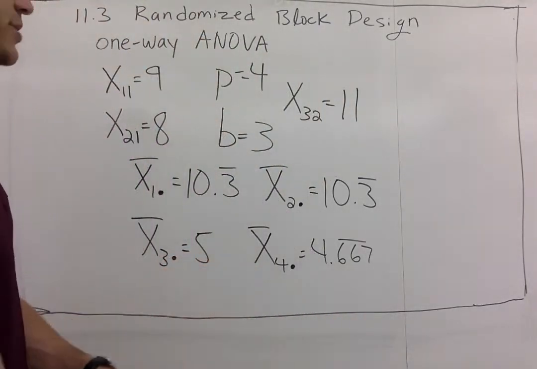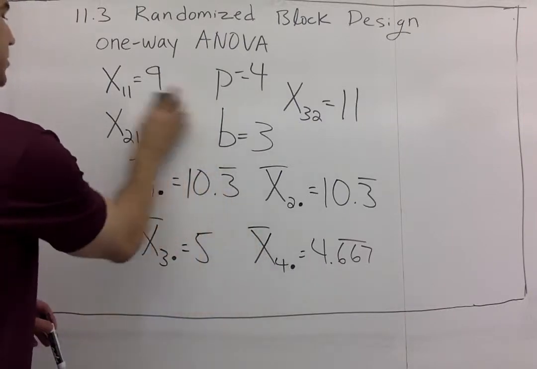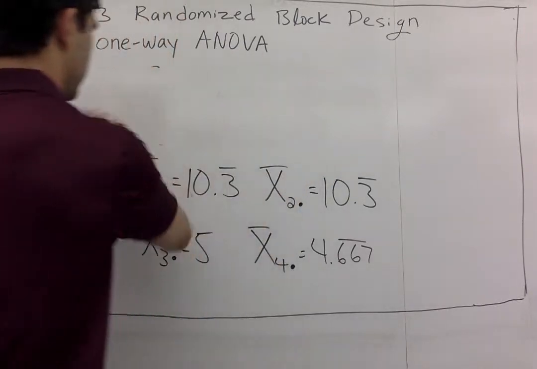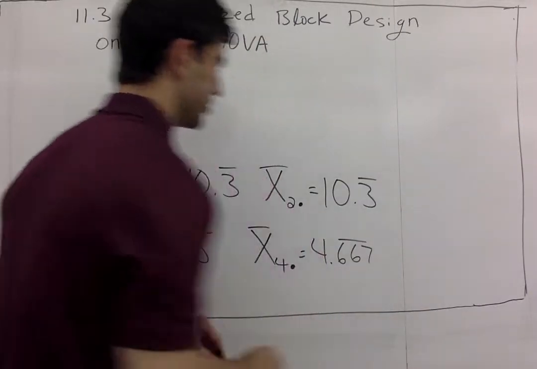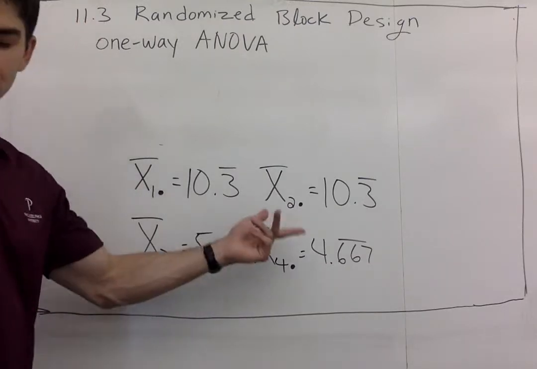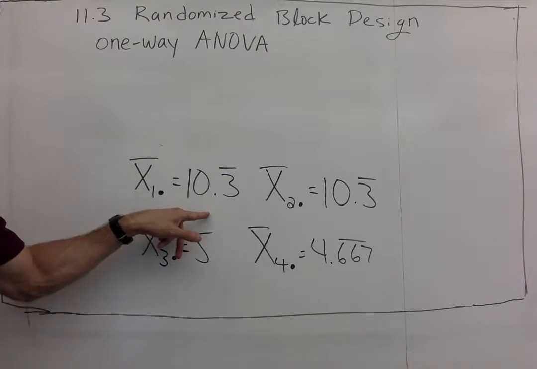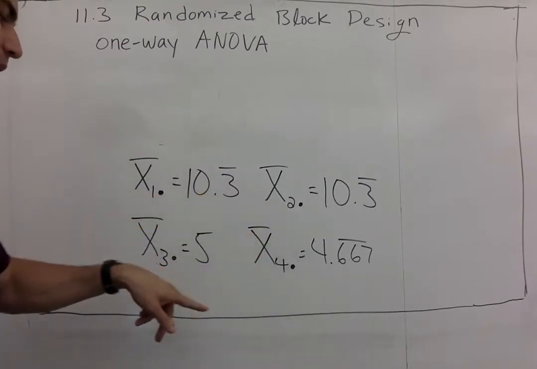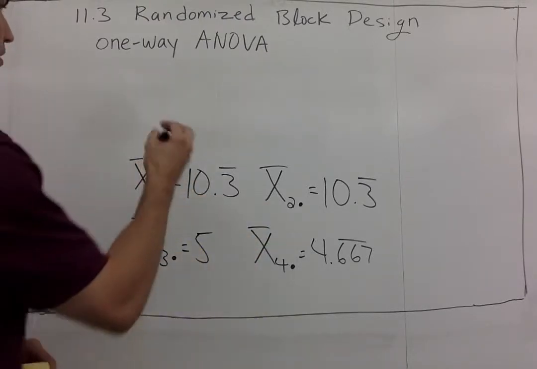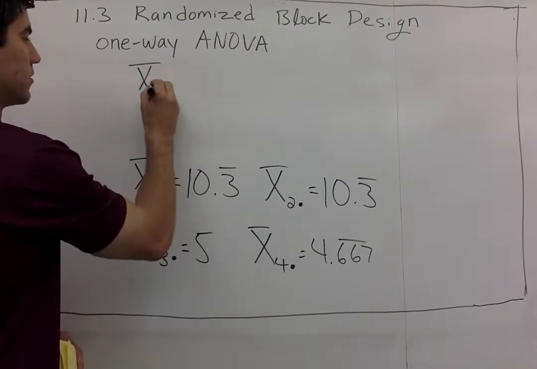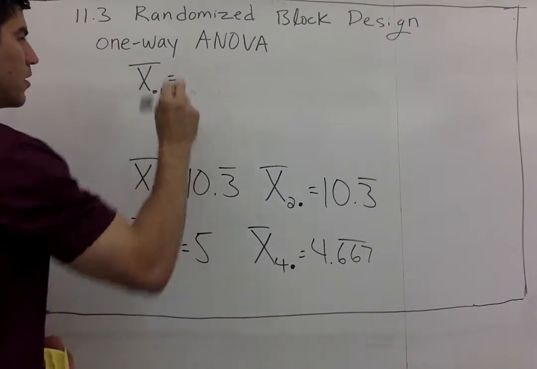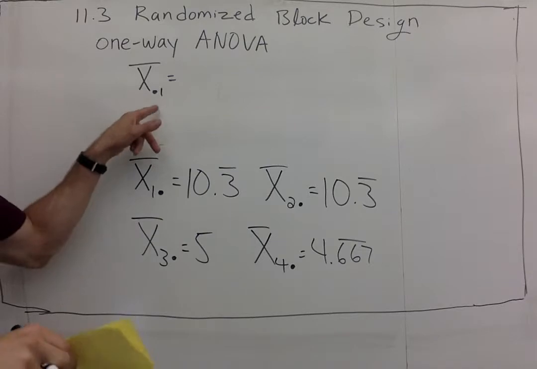We also have notation to represent the average of the blocks. These are the averages of the levels to the factor. So production method 1, average that many errors. Production method 2, average that many errors, and so on. This notation represents the average for block 1.